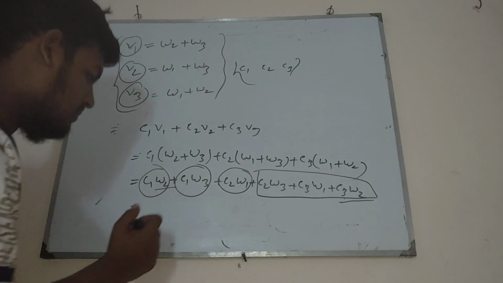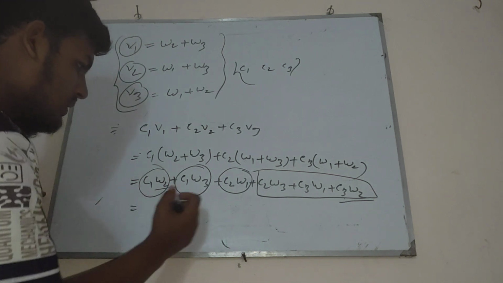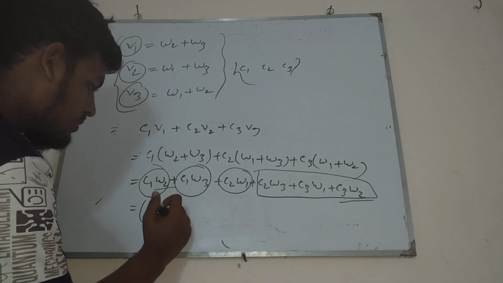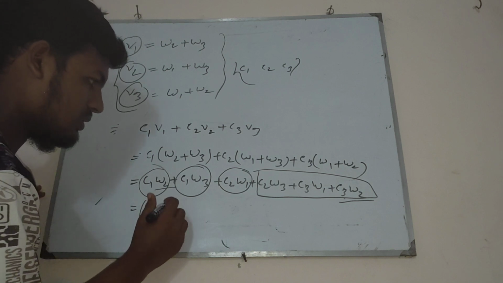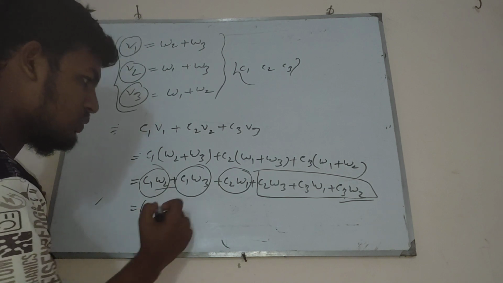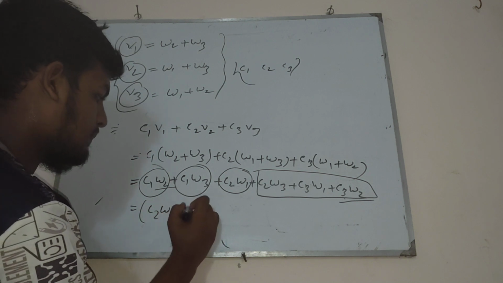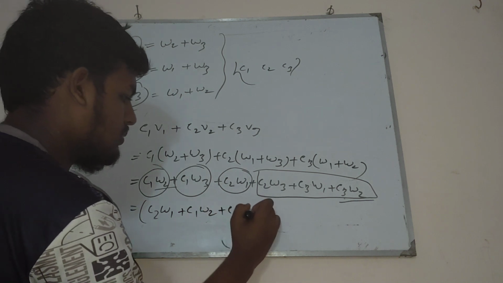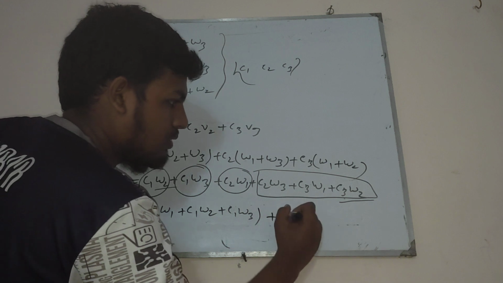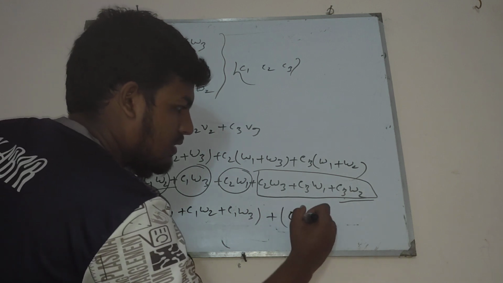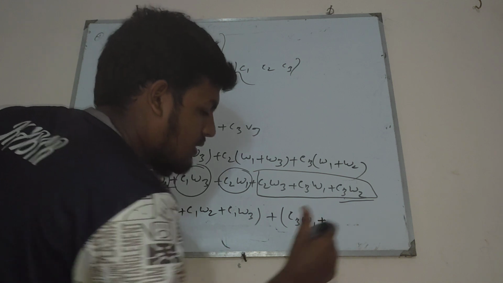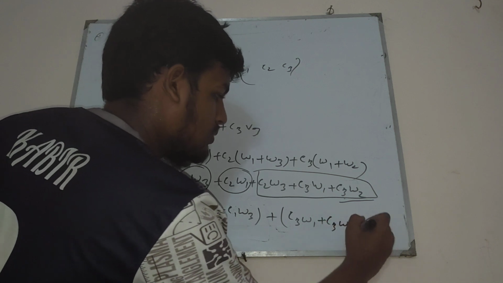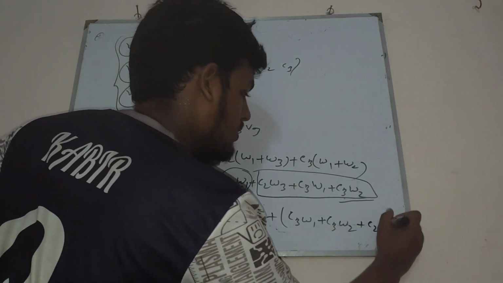So take w1, w2, w3 into brackets: c2 w1 plus c3 w1, plus c1 w2 plus c3 w2, plus c1 w3 plus c2 w3.